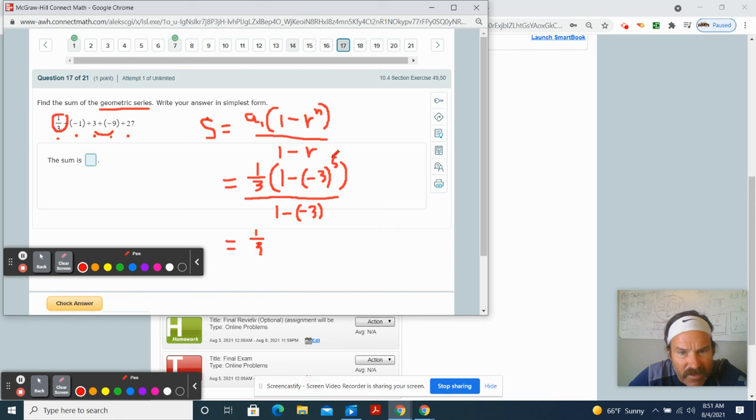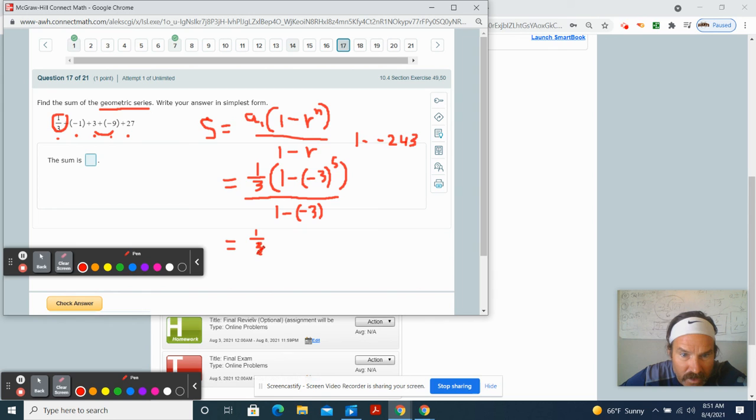A negative raised to the 5th power is still negative. So that's, let's see, 3 to the 5th power is 243. So that's going to be 1 minus a -243. And that's really 1 plus 243. So 1 plus 243 is 244.